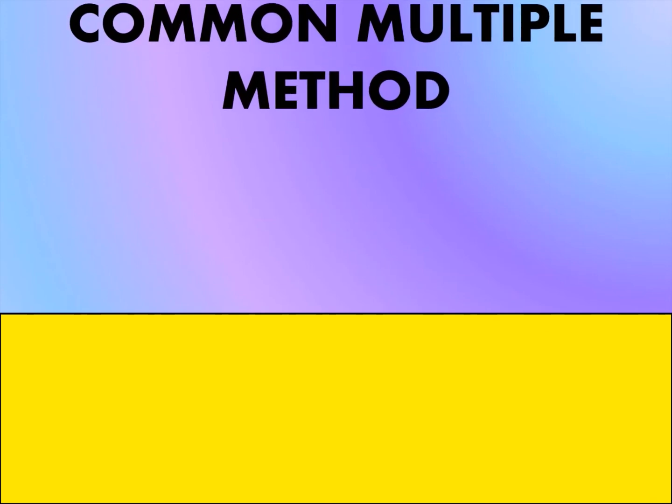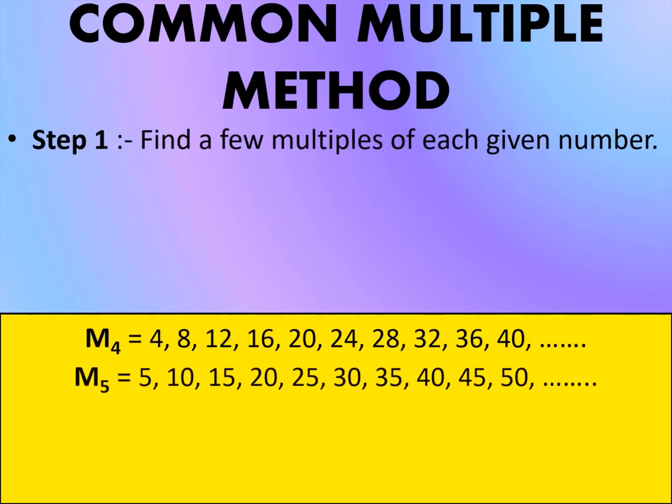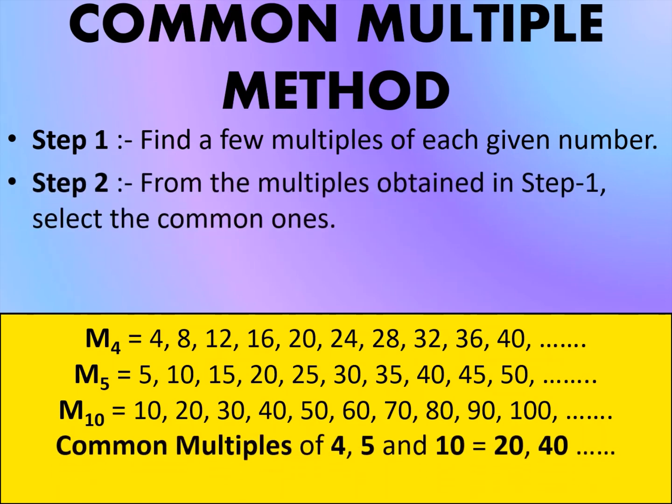Now let's see few steps to find LCM of the given numbers by common multiple method. Step 1. Find a few multiples of each given number. Step 2.